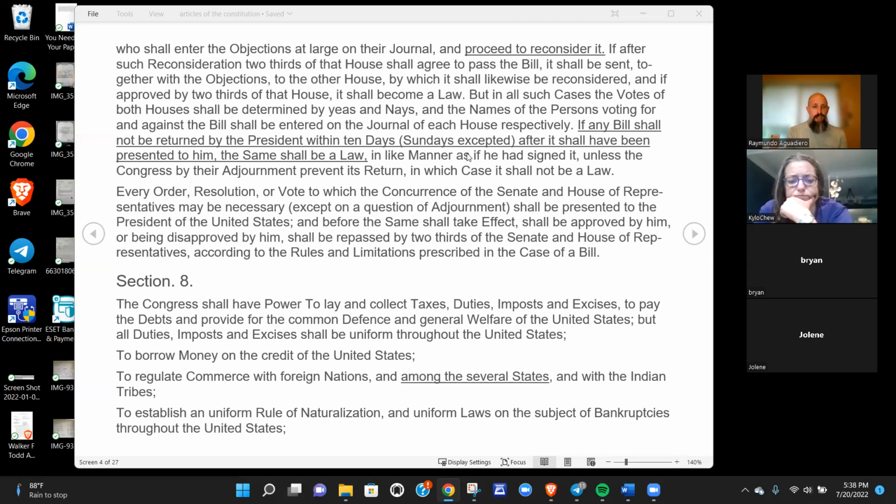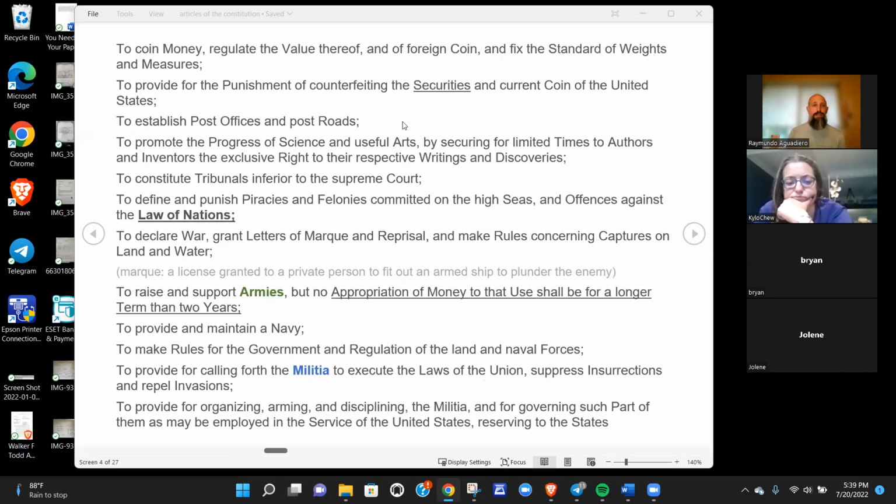To establish a uniform rule of naturalization and uniform laws on the subject of bankruptcies throughout the United States. So Congress has the power to establish rules of naturalization and uniform laws on bankruptcies. They have the power to coin money, regulate the value of that money and of foreign coin, and fix the standard of weights and measures.